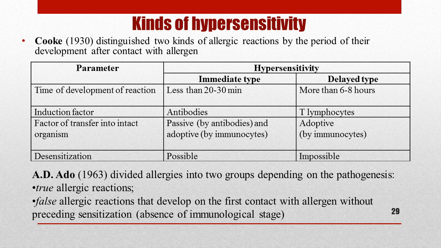In 1963, a Soviet scientist, Ado, divided allergies into two groups depending on the pathogenesis: true allergic reactions and false allergic reactions that develop on the first contact with allergen without preceding sensitization, which means absence of immunological stage.